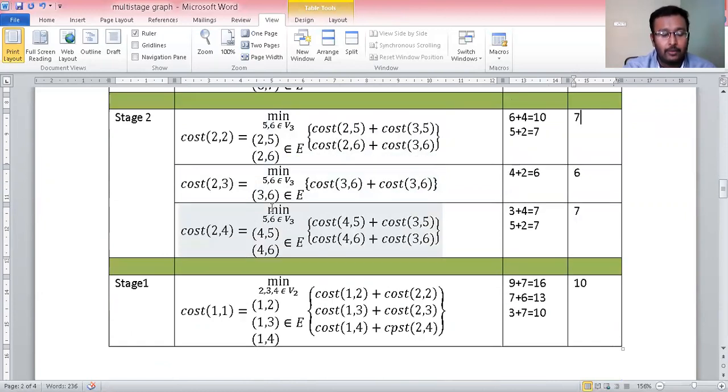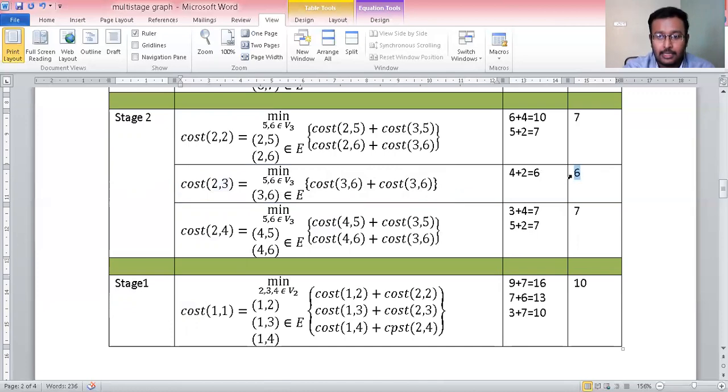Similarly, I check the cost of vertex 3 at stage 2. From 3, there is no edge going to 5, but there is an edge going to 6. So I calculate the cost of 3 comma 6 plus the cost of the vertex 6 at stage 3. That comes out to be 4 plus 2, which is 6.